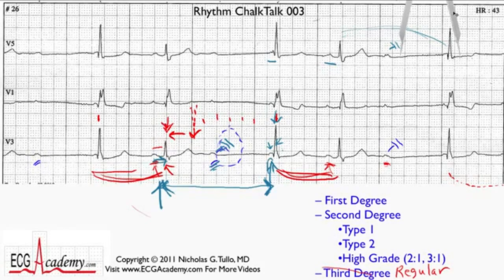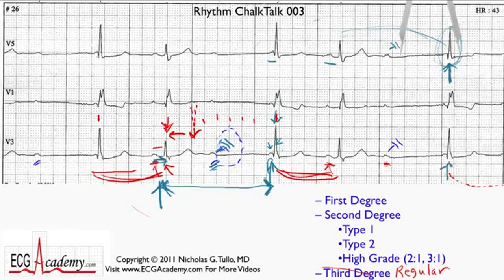Well, the answer is wrong there, because this is one of the exceptions to the rule, because this QRS complex here is, in fact, not conducted. It occurs earlier because the focus in the conduction system fired prematurely and allowed this beat to break the Wenckebach rule.